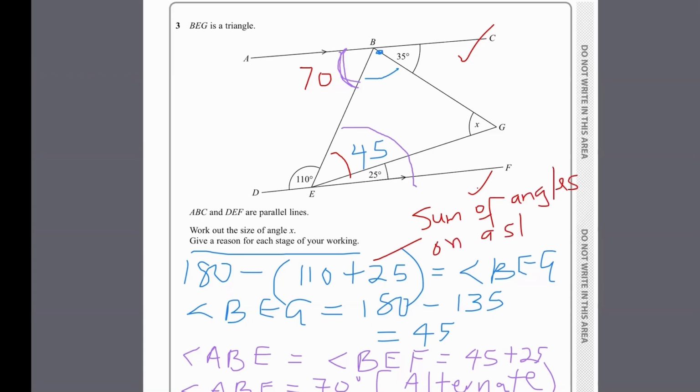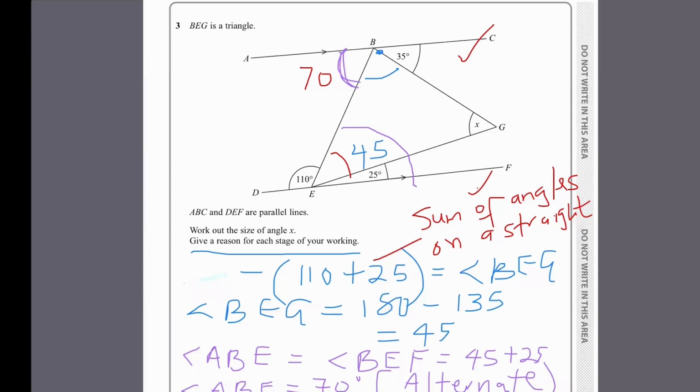These reasons will form a part of the marks that we are going to be getting in the end. We have found PEG to be 45, and we have also found ABE to be 70 for reasons of alternate angles with PEF.